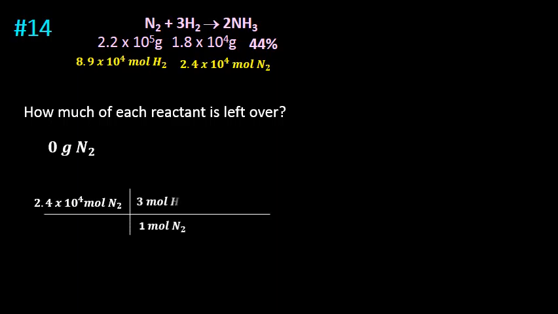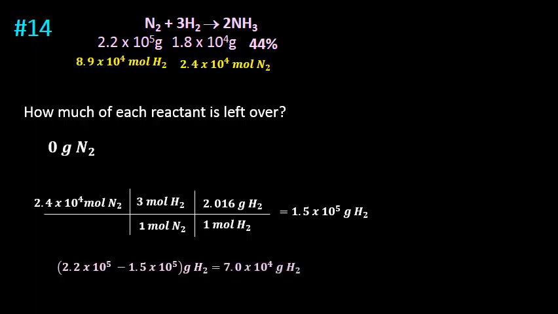So using a mole ratio, and then the molar mass of hydrogen, we end up with that many grams of hydrogen used. So how are we going to figure out how much is left? Well, that's easy. You're just going to subtract it. And we are finished with this problem.